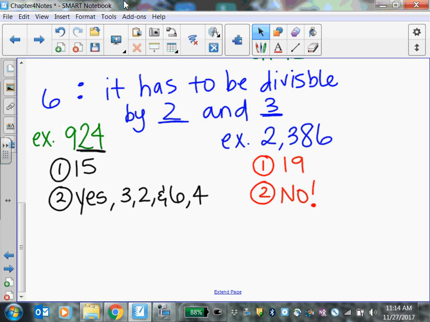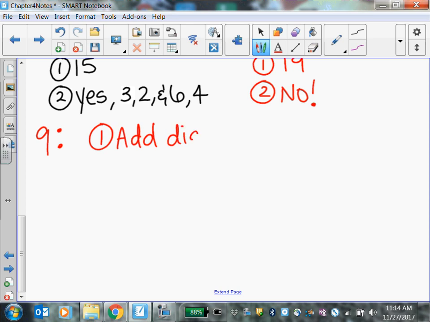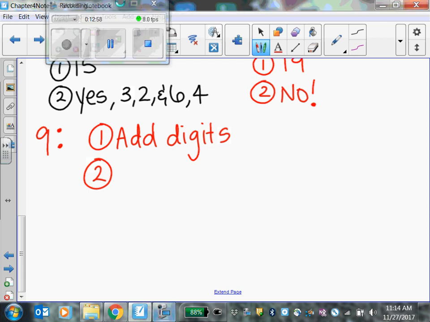All right, let's go on to 9. 9 is the same as 3, except now it has to be divisible by 9 instead of 3. You're going to add the digits, except now you're going to check, are they divisible by 9?